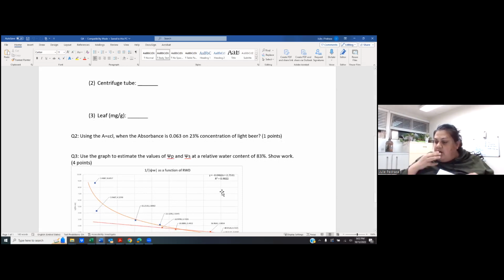Remember I told you to be careful with Beer's law percentages and water potential percentages, because Beer's law puts a decimal in front, while water potential does not. Do not confuse the percentage in Beer's law with water concentration.